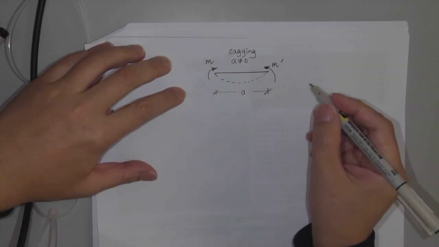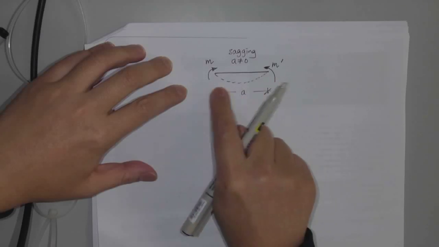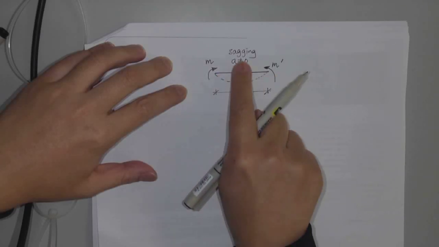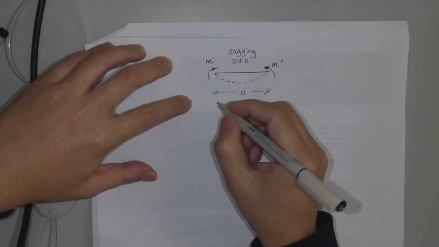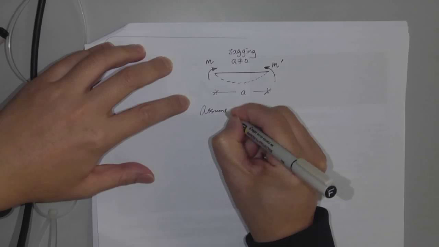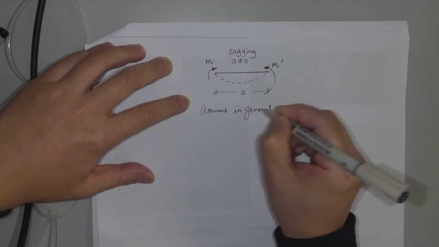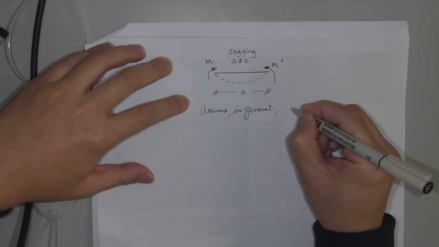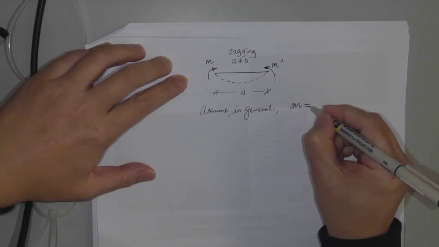Right, so now I know that this beam is bent into sagging by these two moments. And let me just assume, in general, that M and M prime are not the same. The magnitudes are not the same.